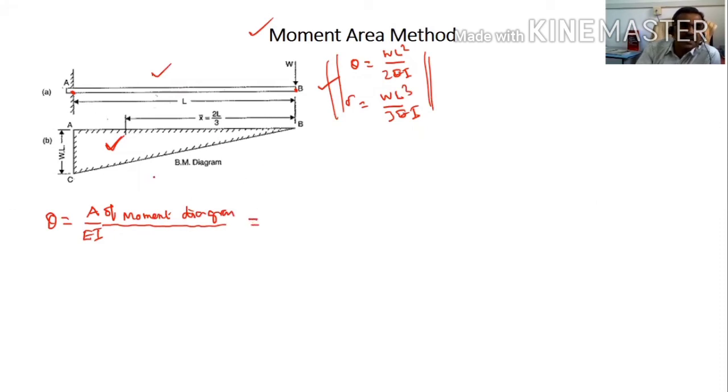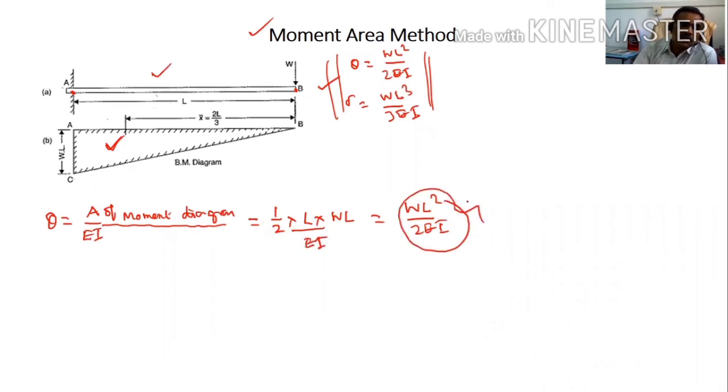This is a triangle, so half into L into W into L, divided by EI. So this is the value of slope theta, WL square by 2EI.